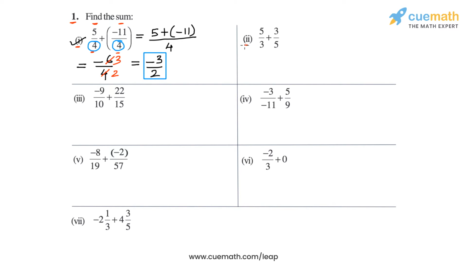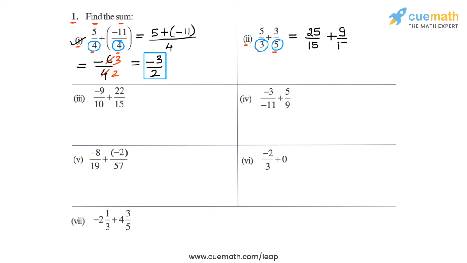Then in part 2, we have to add 5 by 3 and 3 by 5. So the denominators in this case are 3 and 5. The LCM of 3 and 5 is 15. So let's convert both of them to equivalent rational numbers with denominator 15. So 5 by 3 can be written as 25 by 15, and 3 by 5 can be written as 9 by 15.